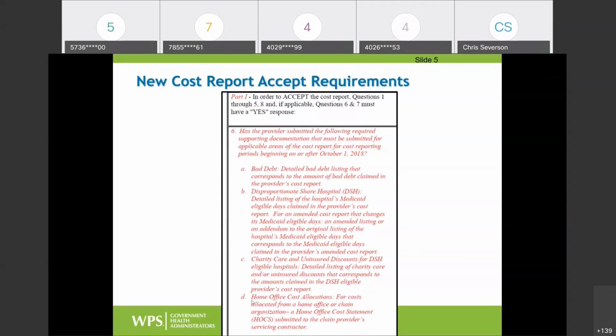And then the other one that was sometimes even bigger, the home office cost allocations. Basically, for any costs allocated from a home office or a chain organization, CMS does go into great detail in that Federal Register that we just referred to a bit ago. But if there are any costs there, there must be a home office cost statement submitted to the chain provider's service and contractor.